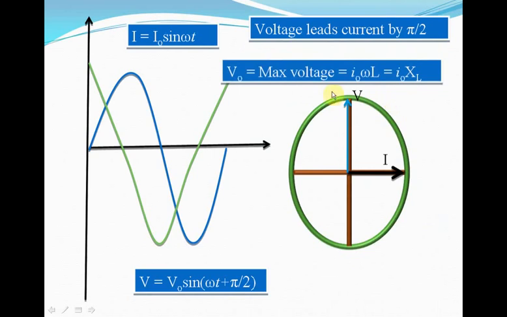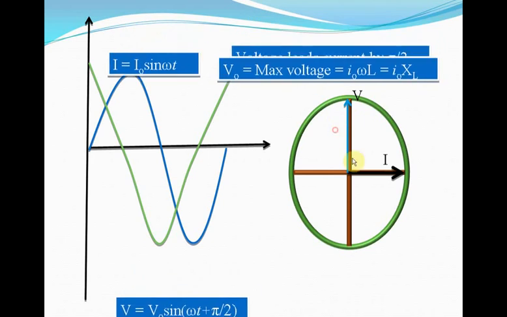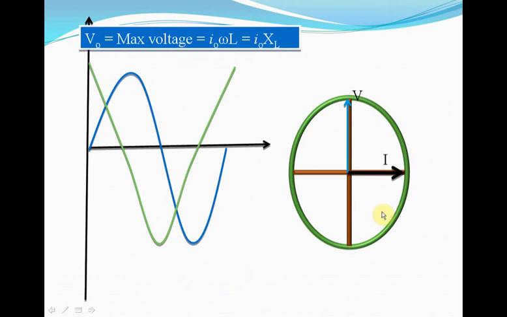Again, in this case too, when we derived the expression, we saw that V0 was I naught into omega L. Again, this expression can be compared to the expression V equal to IR in the case of a resistance circuit. And therefore, omega L is given the name XL, and it's also called the inductive reactance.